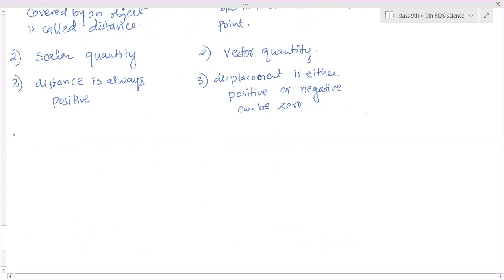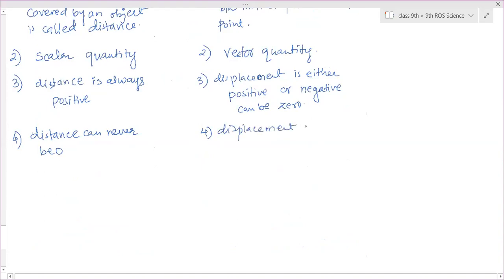Distance can never be zero. Displacement can be zero.